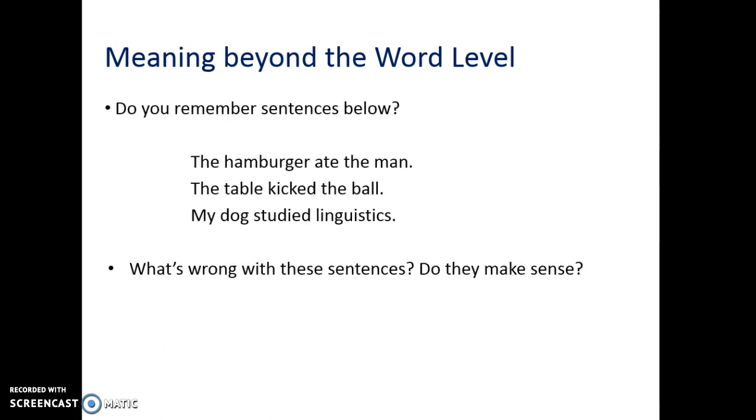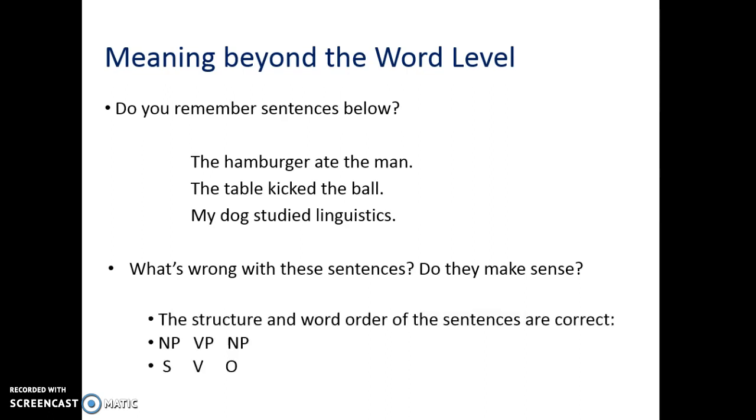So remember the sentences below when we talked about hamburger ate the man, the table kicked the ball, the husband ate his wife, or vice versa, the wife ate her husband. We said that these sentences are grammatically correct. The structure and the word order are both correct. But why don't these sentences make sense?